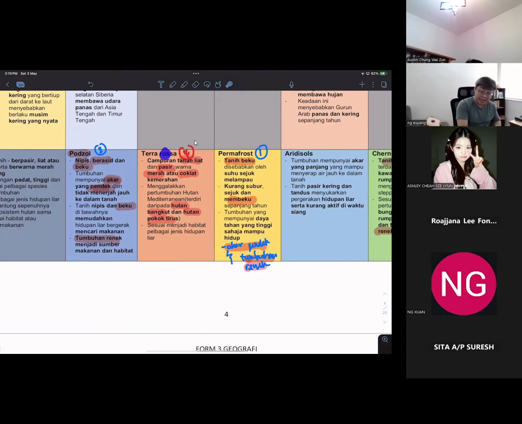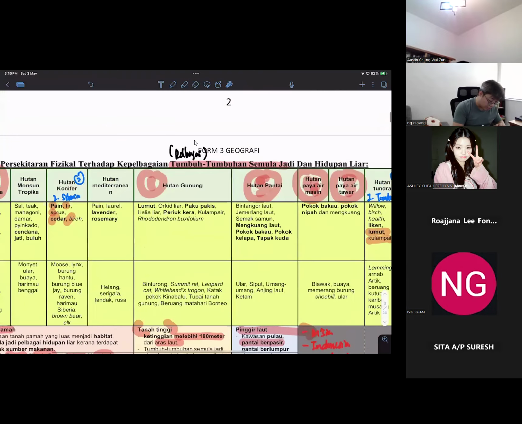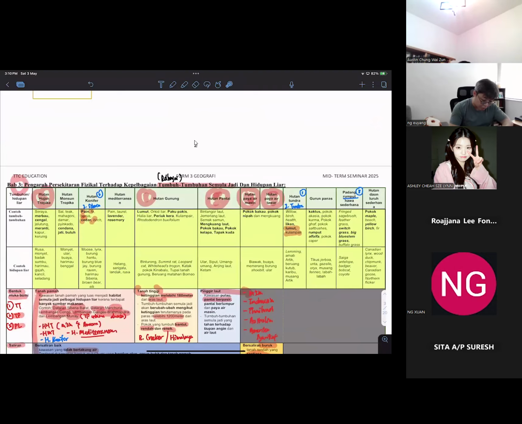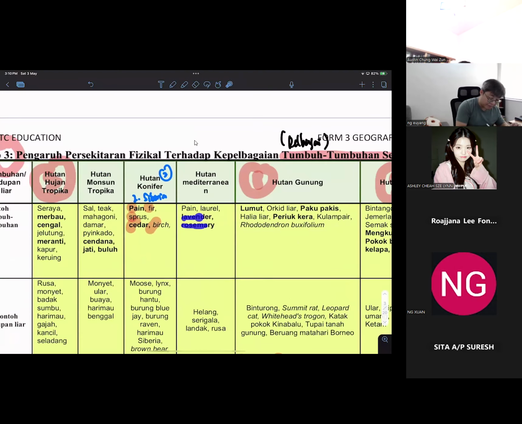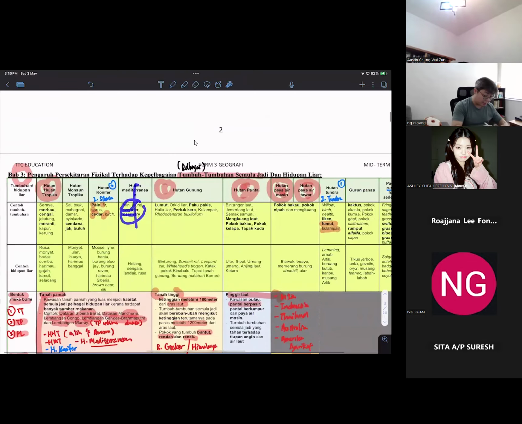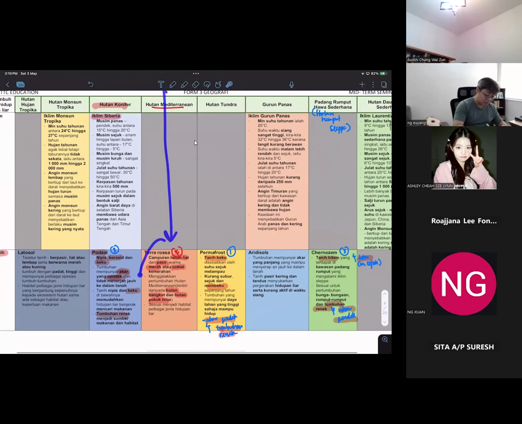So rosemary and lavender. Okay. So this is hutan Mediterranean: rosemary, lavender, and then pine and laurel. So this is all the pokok yang mempunyai daun tirus. So hutan Mediterranean is in your tanah terra rosa. So this is the fourth tanah.